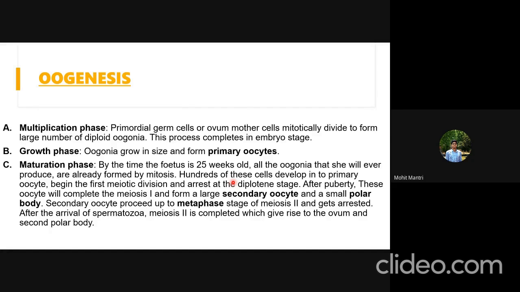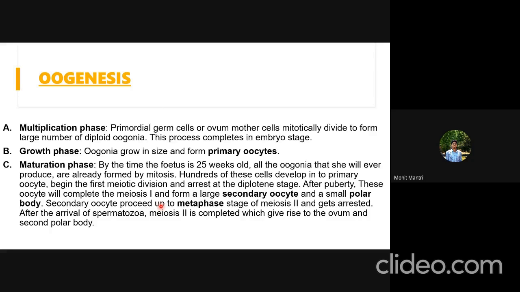But only during puberty, when release of gonadotropin hormones takes place, these oocytes will complete meiosis 1 and form a large secondary oocyte and a small polar body. So unequal division takes place, which was not the case in males.